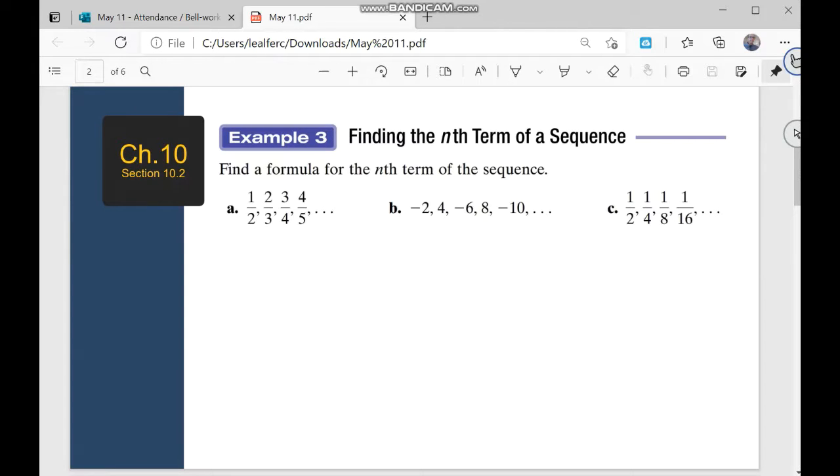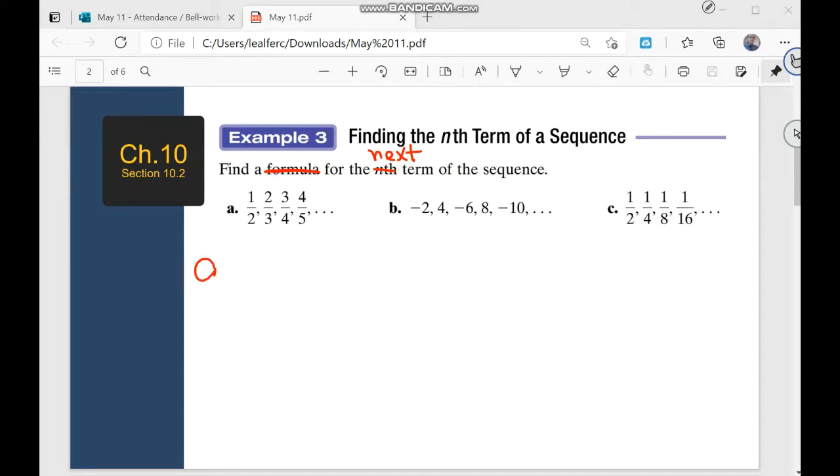The example says, find a formula for the nth term of the sequence. We will not find a formula today. This will be for tomorrow. Today, instead of the formula, I want you to find the next term.